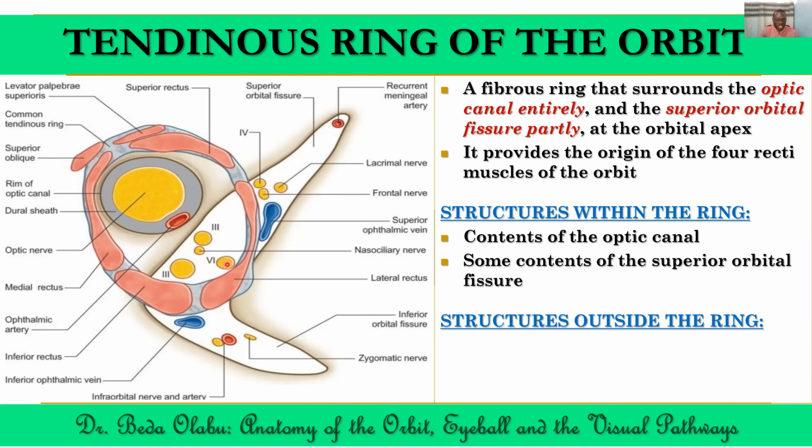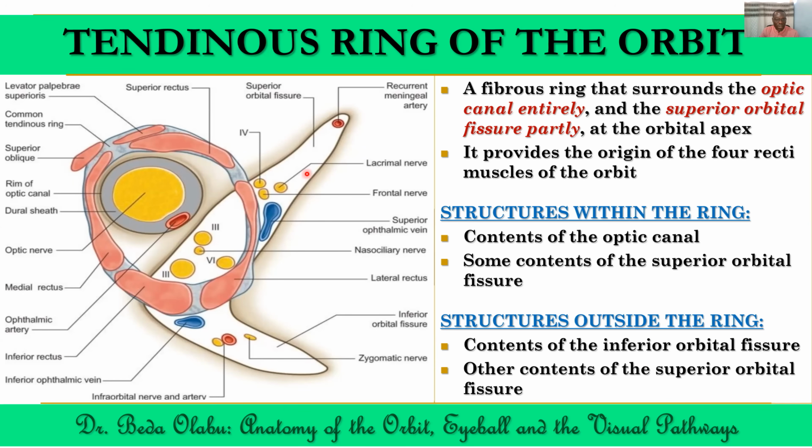But there are some structures which are outside the ring. In particular, we can start with the contents of the inferior orbital fissure that we've already mentioned. So the inferior ophthalmic vein, we talked about the infraorbital nerve and artery, and we talked about the zygomatic nerve, which is a branch of maxillary. Those ones are within the inferior orbital fissure, hence not within the ring.